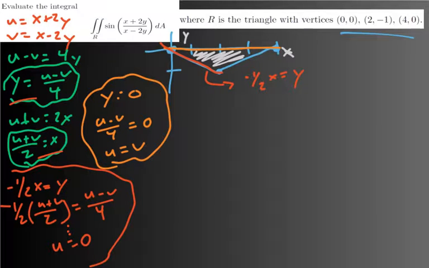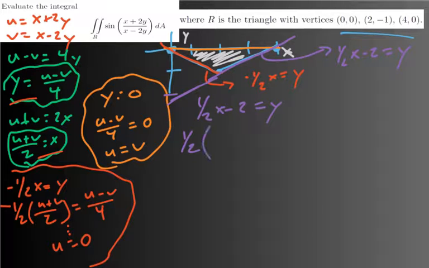And then last but not least, we got this line segment. Probably the way I would just get that equation is I just backtrack it with the slope. You're going to see that it goes through negative 2, right? And it's got a slope of 1/2. So it is 1/2 x minus 2 equals y. And so on 1/2 x minus 2 equals y, in terms of u and v, x is u plus v over 2, and then y is u minus v over 4.